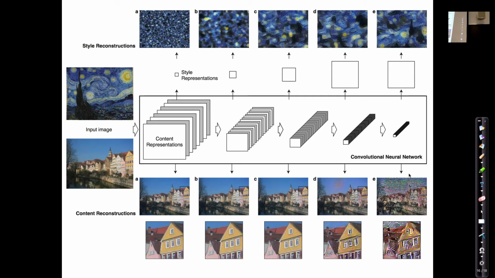So that 3 by 3 convolution means that in the first layer, every feature at a particular location is just looking at 3 by 3 pixels. So its receptive field, the number of pixels it sees, is very, very small in our first layer. And that's why we have very, very detailed features. Does that make sense? Okay.